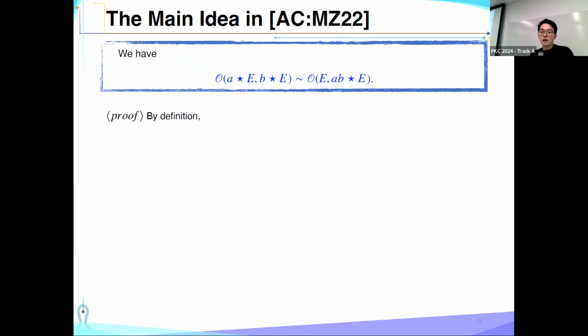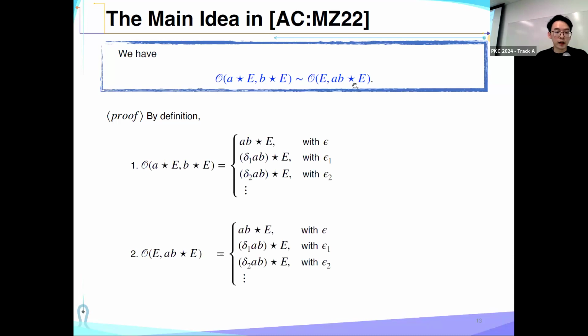And the main idea of Montgomery and Gentry is that they notice that if we feed this oracle a distribution, then the oracle on input (A·E, B·E) distributes as on input (E, A·B·E). This is quite easy to verify by writing down the definitions.